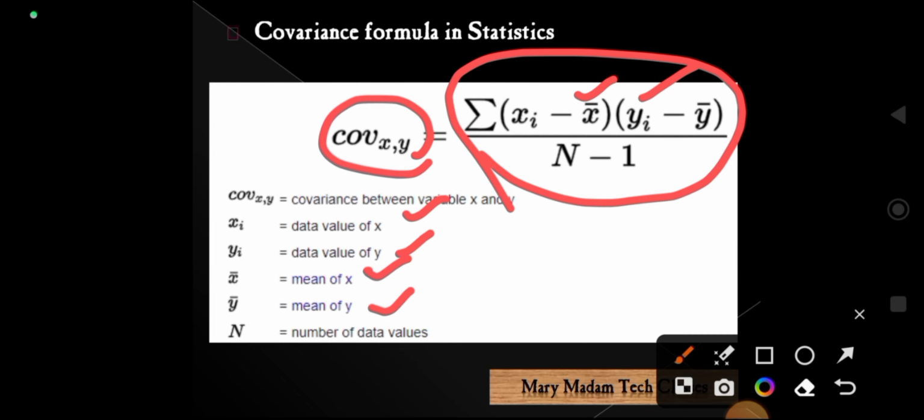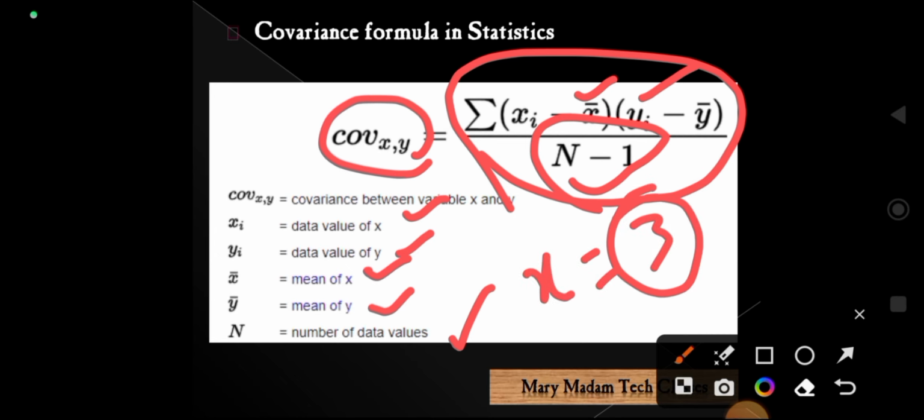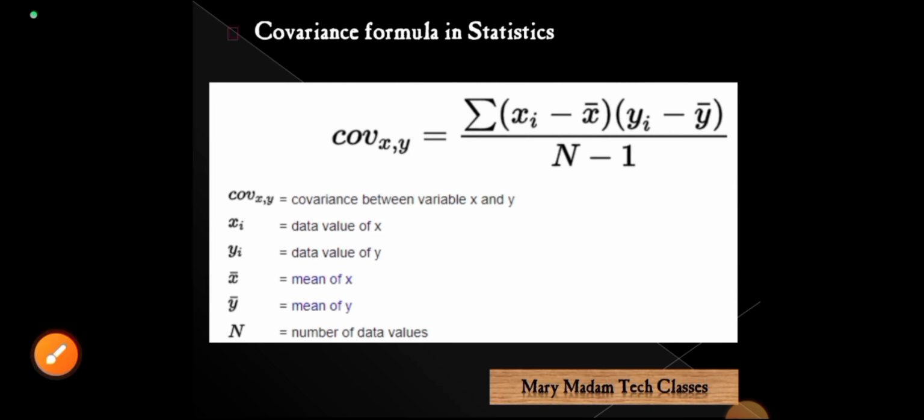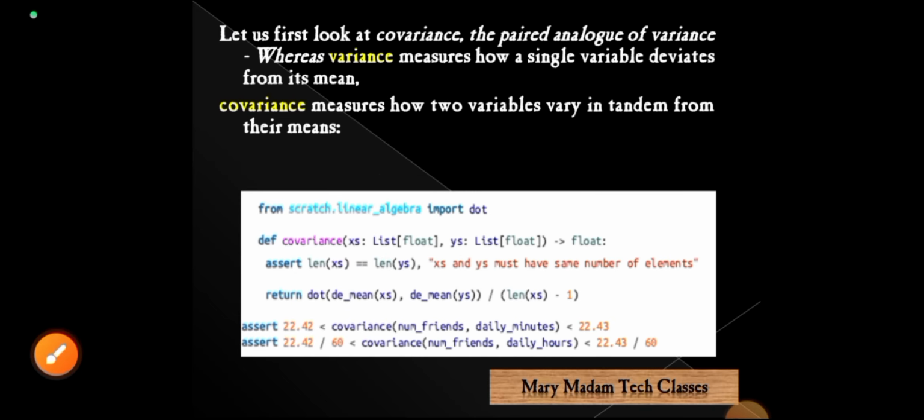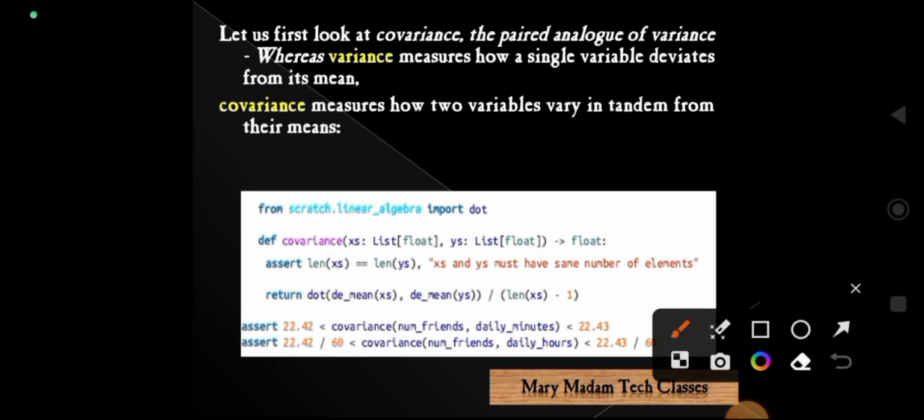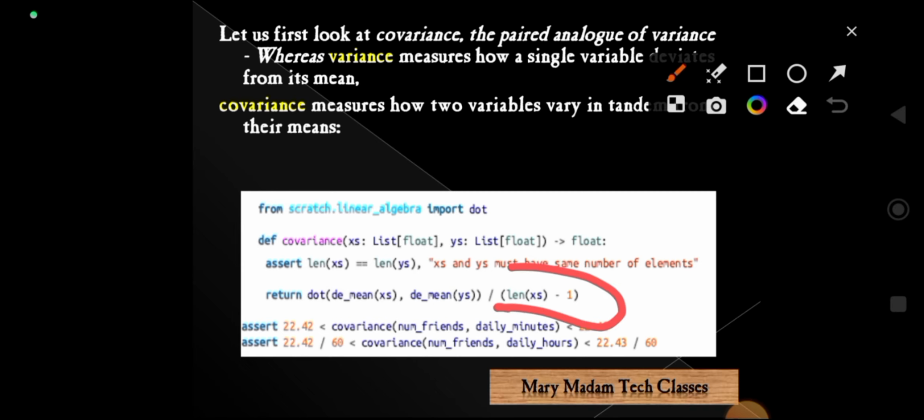Now what is n? n represents the number of data values. If x has 3 elements, y must also have 3. That's why we have taken len of xs minus 1 in the previous code.